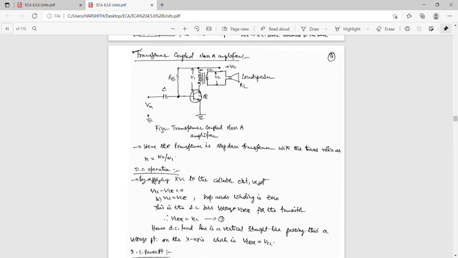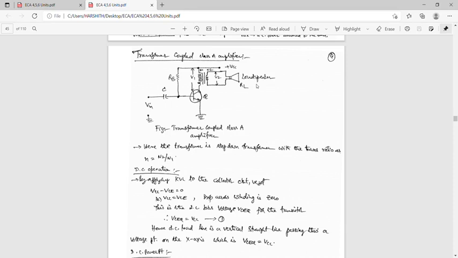In this Class A power amplifier, for maximum power transfer to the load, impedance matching is necessary.